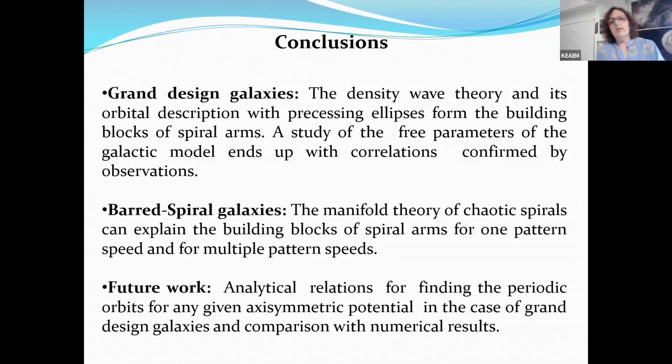And so I leave you with the conclusions, and our future work is finding the analytical relations for the periodic orbits for any given axisymmetric potential in the case of grand design galaxies, and then making comparisons with numerical results. Okay, thank you very much.